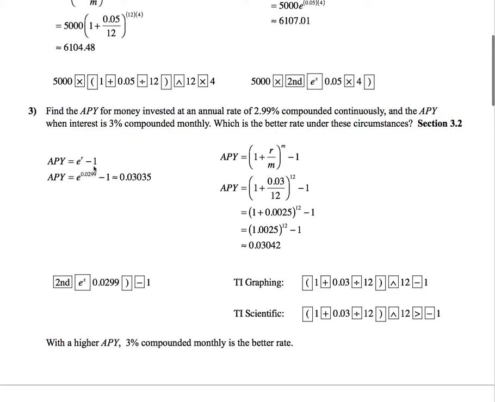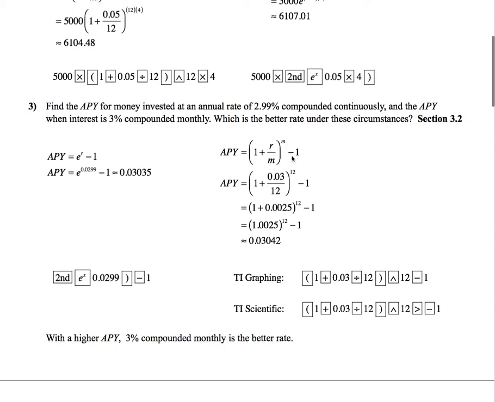For continuous, it's simply e to the rate, e raised to the rate, and then subtract 1. And for the periodic, you have 1 plus the rate divided by the number of compounding periods per year, and that, enclosed within parentheses, is raised to the number of compounding periods per year, and then from that figure we subtract 1.